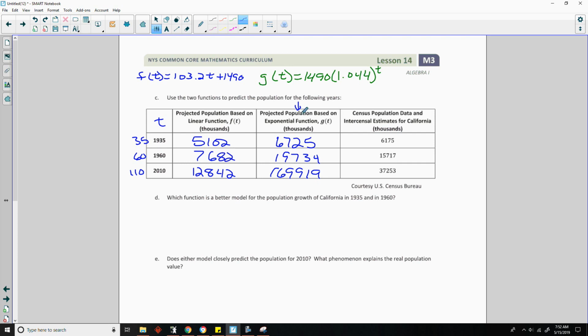This is only 4,000 off. So for the first two, the exponential's better. Okay, so which function is better modeled? The exponential model is better for the first two.